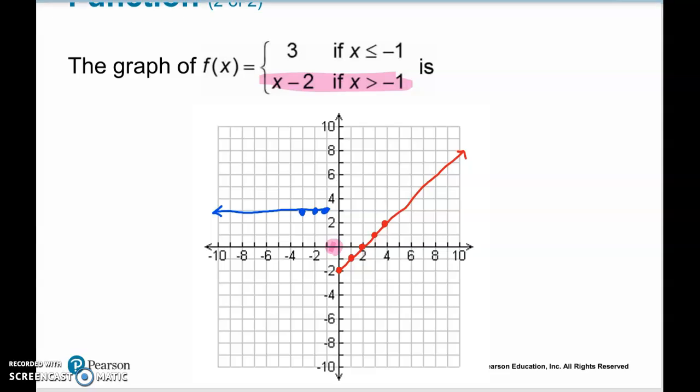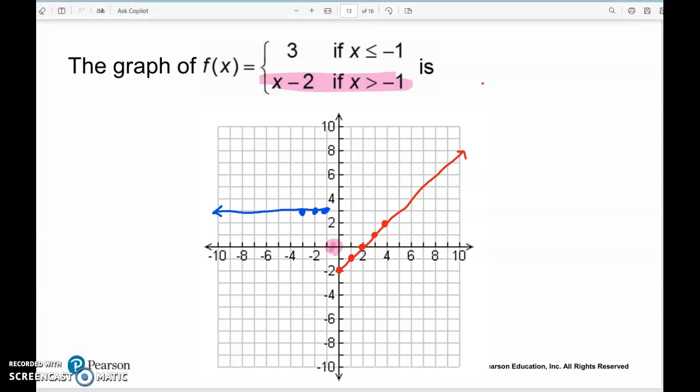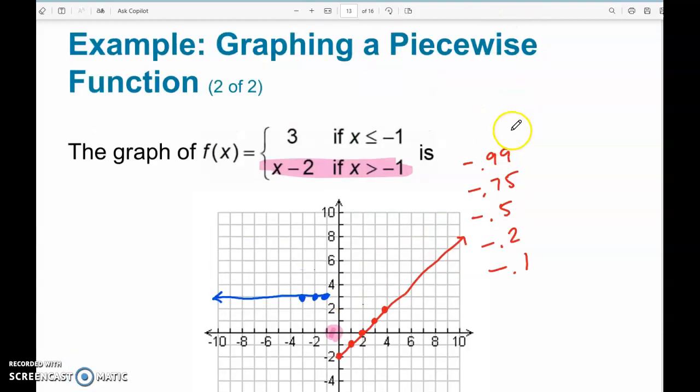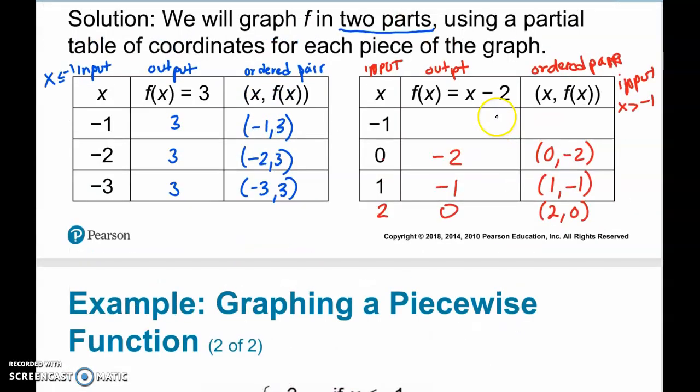Because you could have -0.99, these are all numbers between 0 and -1. We have to represent those too, so we have to have something drawn on here. Well, that's why they put this here.